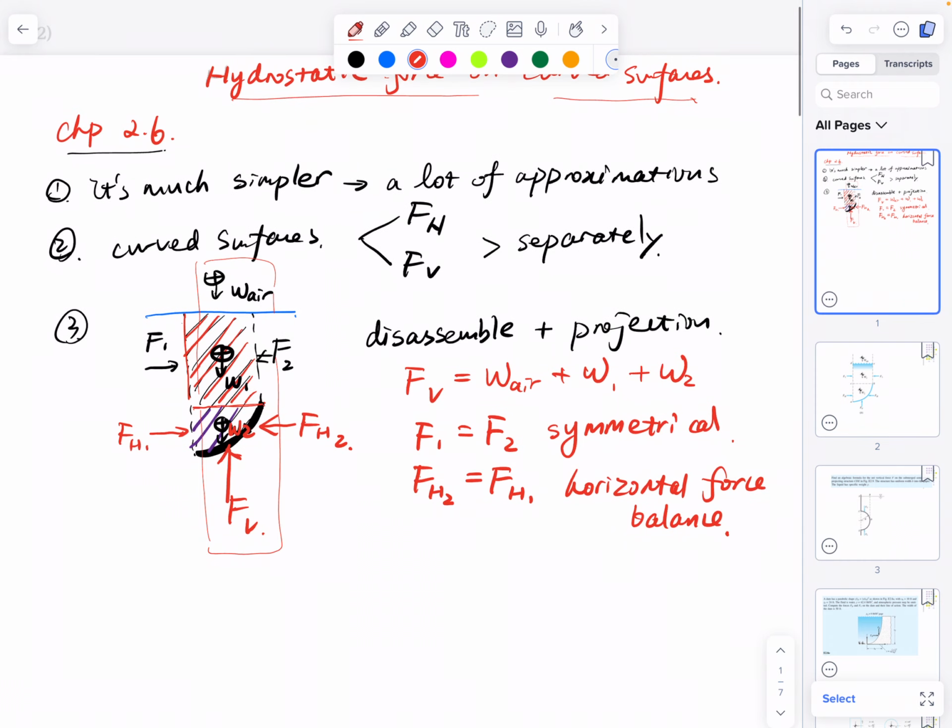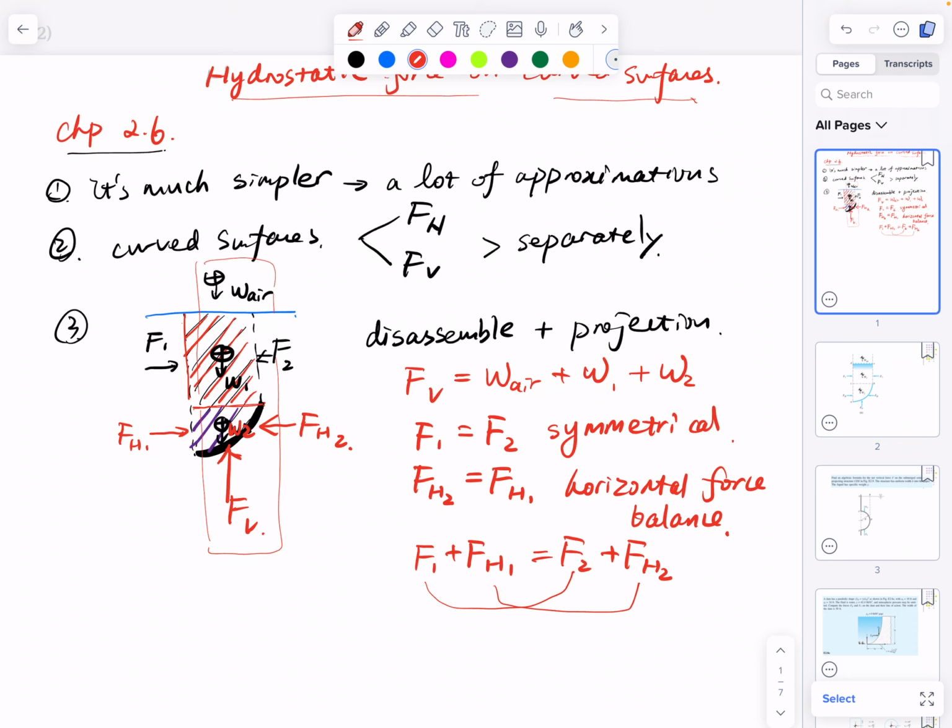In other words, if we summarize all the forces in the horizontal direction, we have F1 plus FH1 equals F2 plus FH2. And since F1 equals F2, FH1 should equal FH2, right?